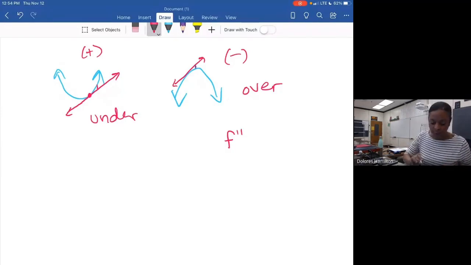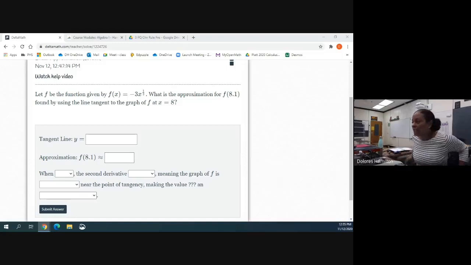So let's do an example. You'll notice in this example, we're given that f of x is -3x to the 1/3, and we're asked to make an approximation for f of 8.1 using the tangent line to the graph at x equals 8. So here we're going to look for a few things. The tangent line, we're going to have to give that.